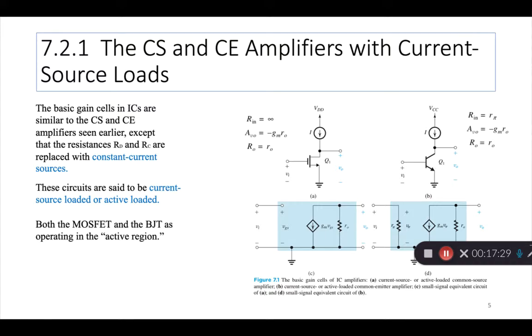So here again you are tapping the output here or here, and normally you have an RC, a resistor in the collector arm that helps you regulate your output voltage, right? So now you'll notice when we are studying the basic gain cells of IC amplifiers from figure 7.1 that those resistors are gone and we have current sources, right?